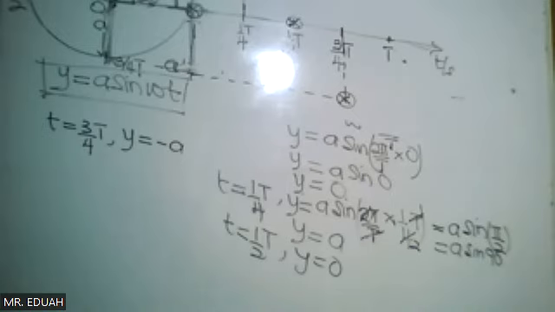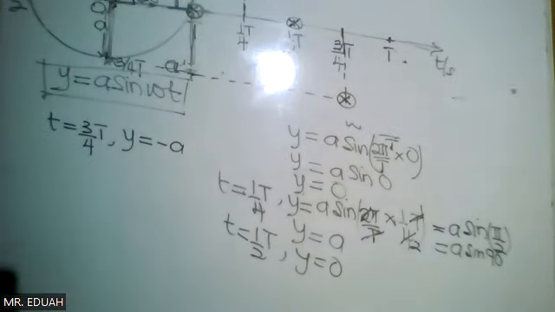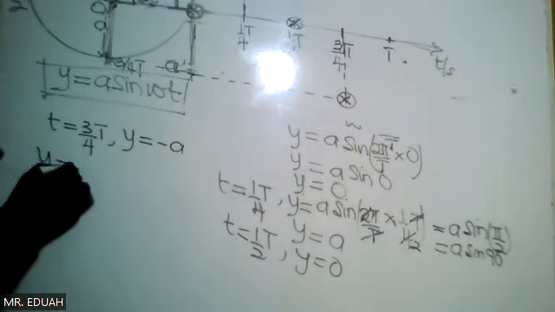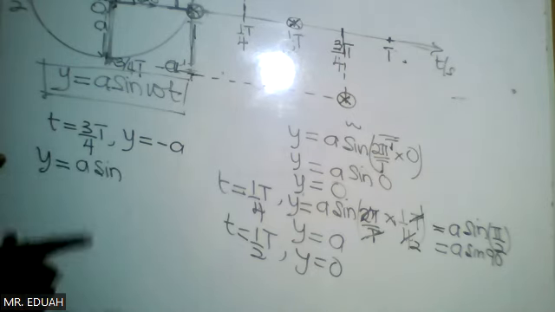You said the displacement equation with time t is a sine omega t, and since omega is equal to 2 pi on T, you put it into the equation, and the time t is equal to 3 on 4 T.